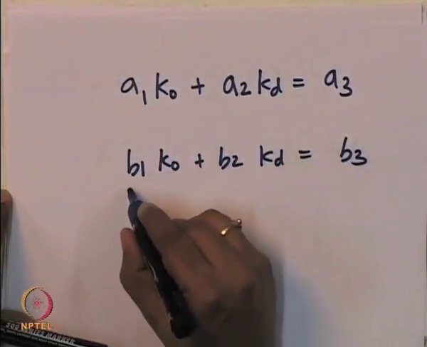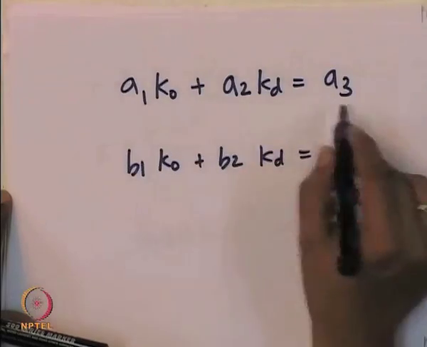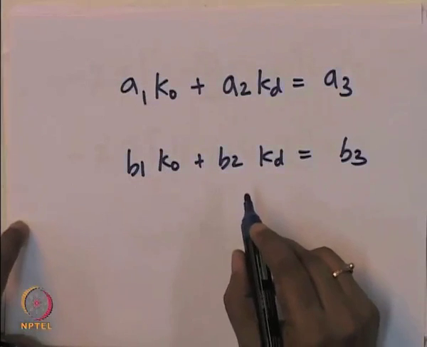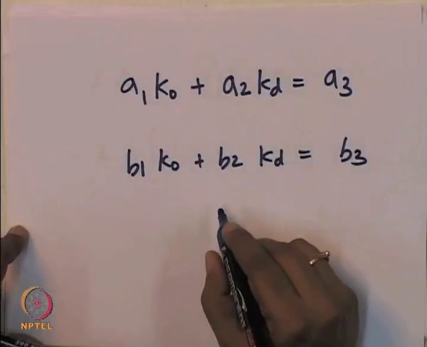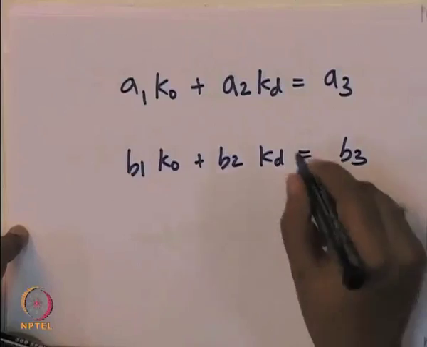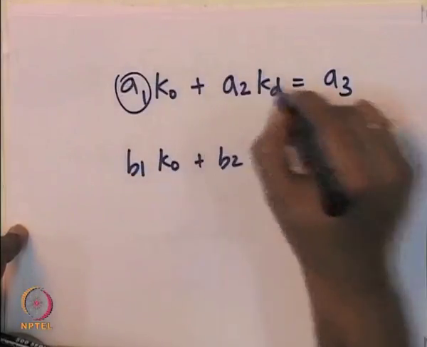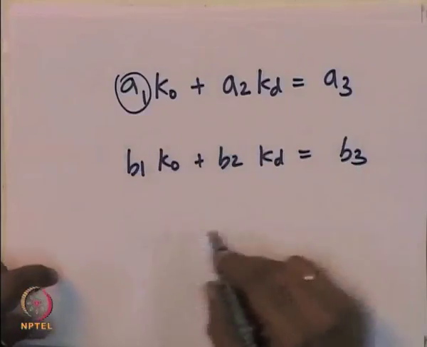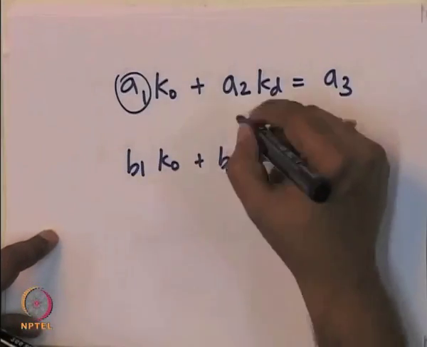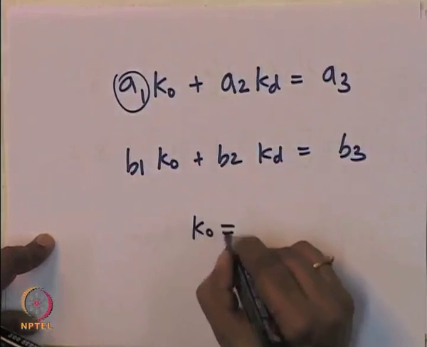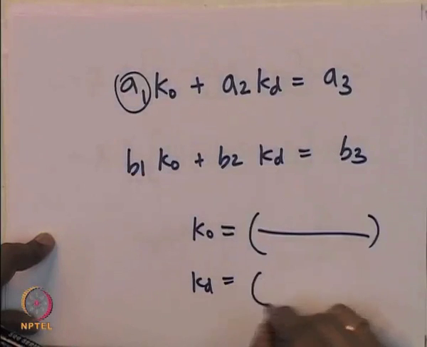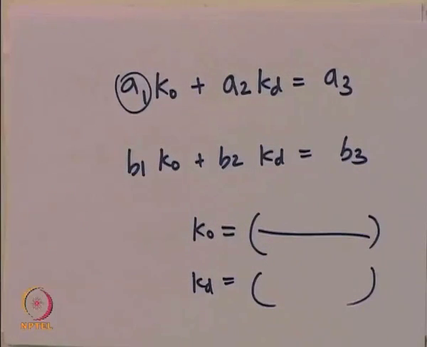So essentially two equations and two unknowns, and A1, A2, A3, B1, B2, B3 are some numbers which we can obtain from experimental data. Then we can solve these two equations with two unknowns, and write K0 and Kd in terms of these A and B. This is essentially what they do in the computer.